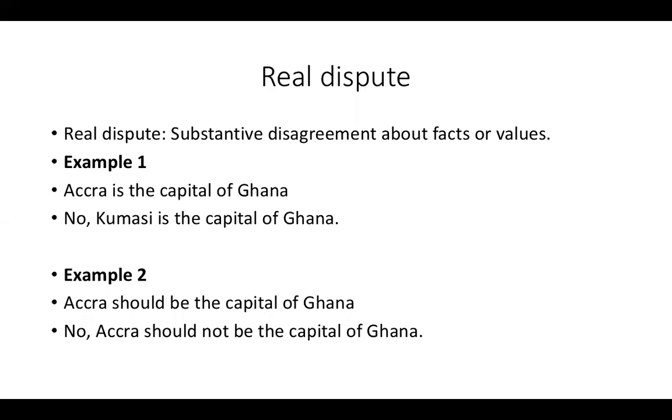So you see that this is a disagreement about preferences. It's not a disagreement about the meaning of anything. Everyone knows where Accra is, and everyone knows where Ghana is. So it's a value disagreement. So the real disagreements are either disagreements over facts or disagreements over values.